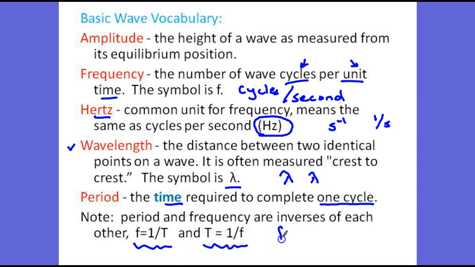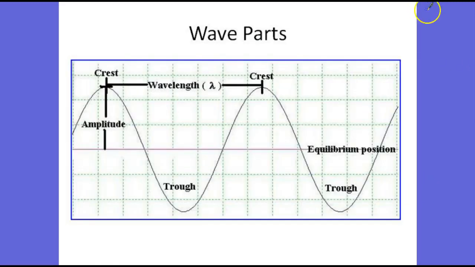So, for example, if the frequency is 2 cycles per second, or 2 hertz, then the period would be the inverse of that, 1/2 of a second. If 2 waves happen in 1 second, then 1 wave would happen in 1/2 a second. They are inverses of each other, so if you have one, you can easily calculate the other. Period has units of seconds. It's a time unit, and capital T is the symbol.